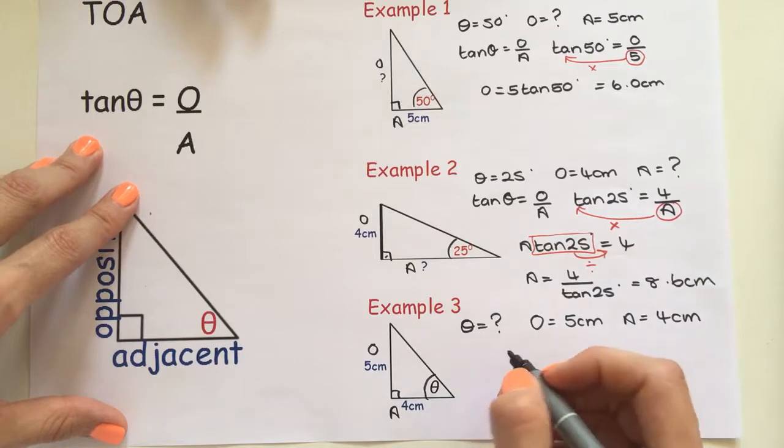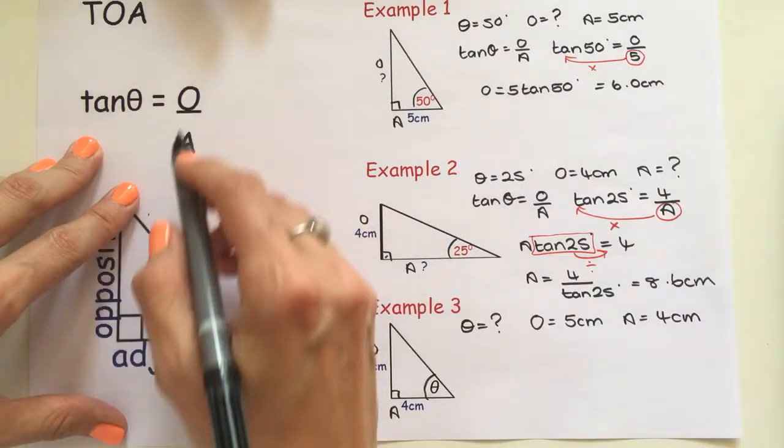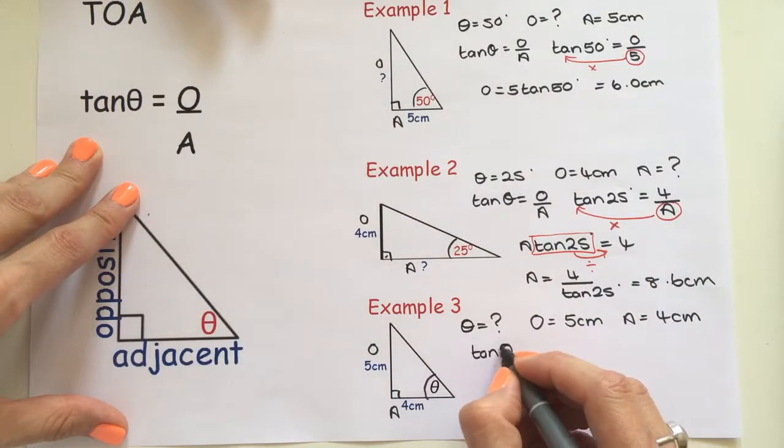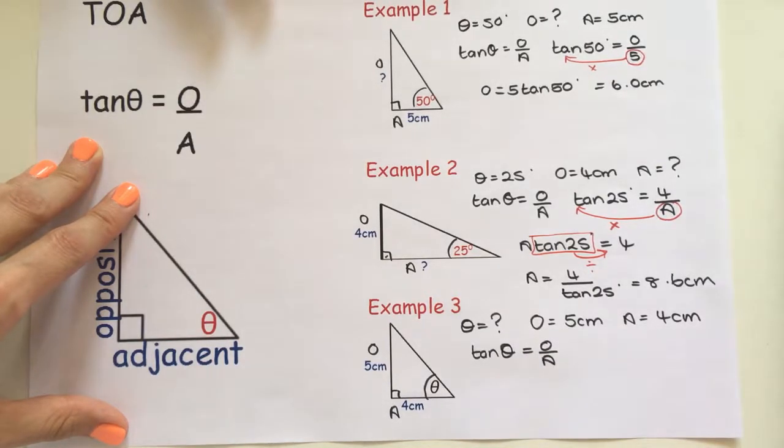Because it involves theta, O and A, we're going to use tan, but you need to make that decision when you come to a question based on what you've been given and what you need.